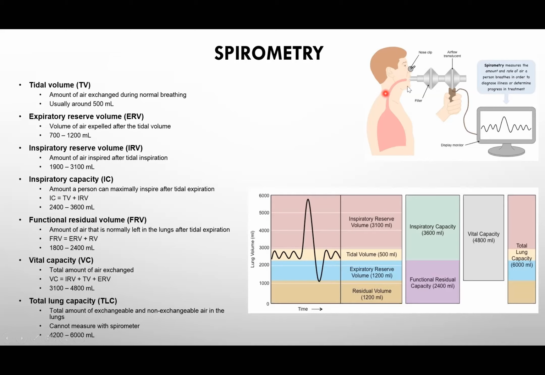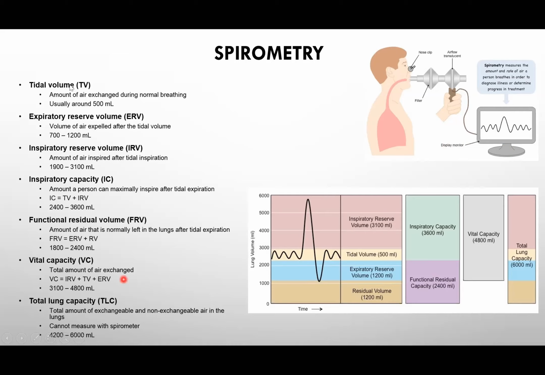You breathe into it and it records these waves. If you're breathing in, it goes up, and if you breathe out, it goes down. If you take an even bigger breath in, it goes up higher, and if you take a huge breath out, it goes even lower. That's how this machine is recording.